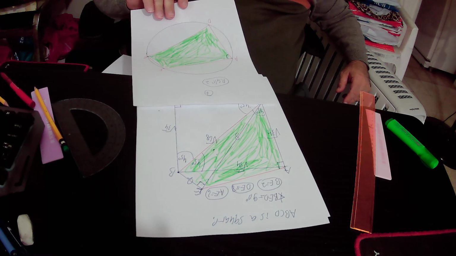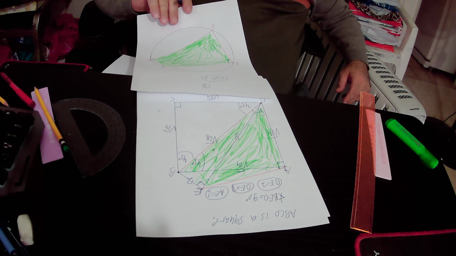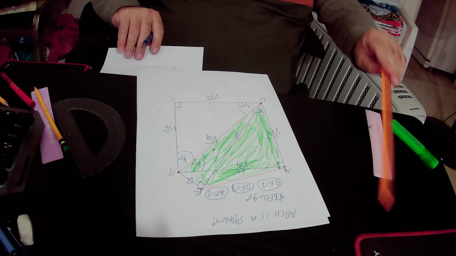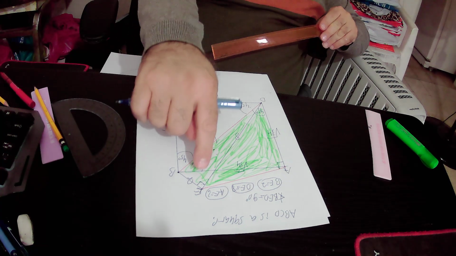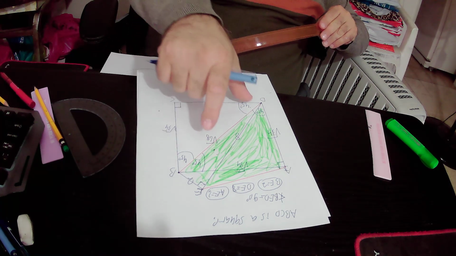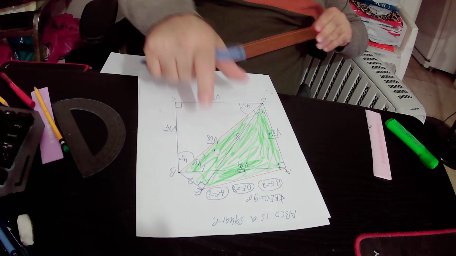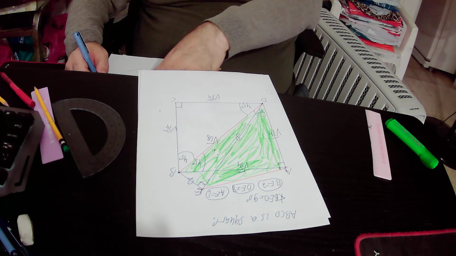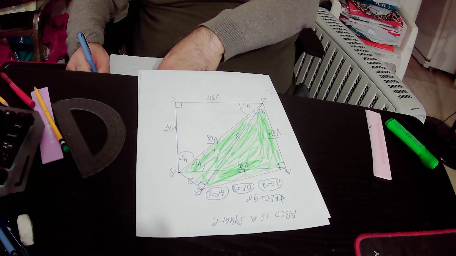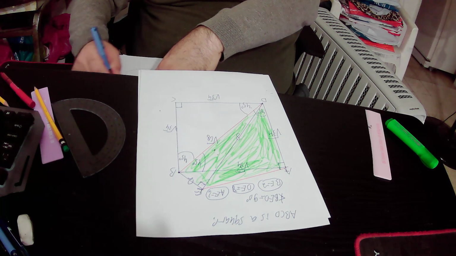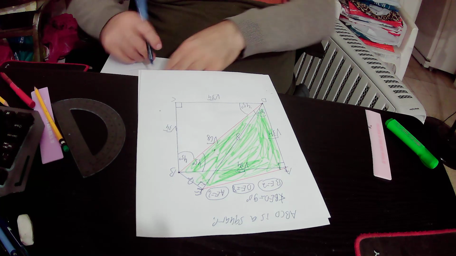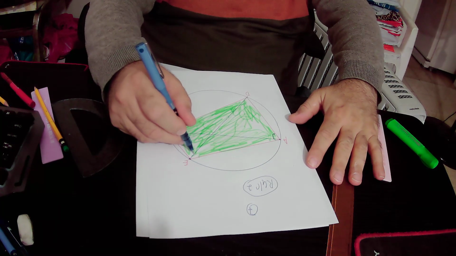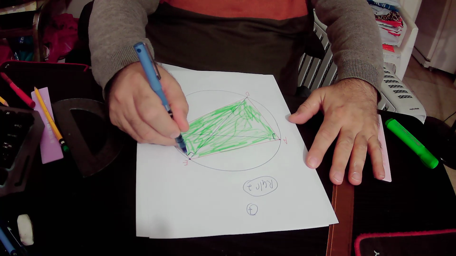And we also have a second angle, angle DEB, a right angle that subtends on the same line segment BD. So the second angle is also equal to 90 degrees.